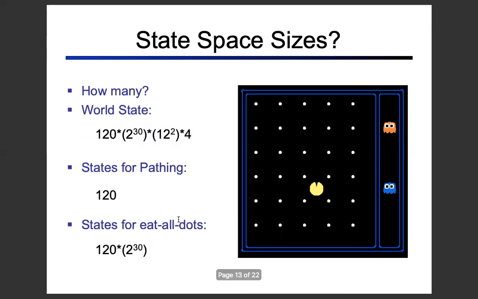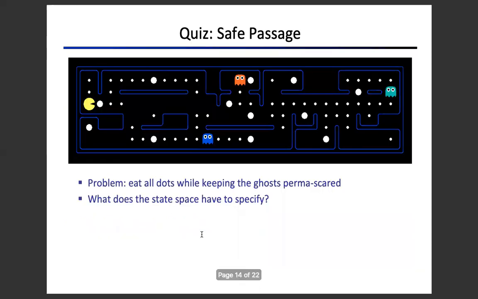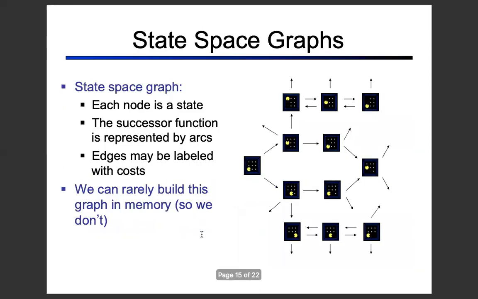So it always counts at the world state, and when you're going to talk about the 18 dots, it's 2 raised to the power 30. It varies always while you are going to have a state space in it.